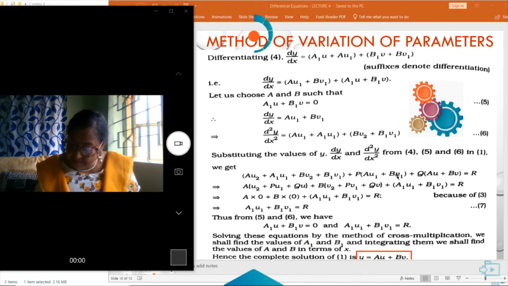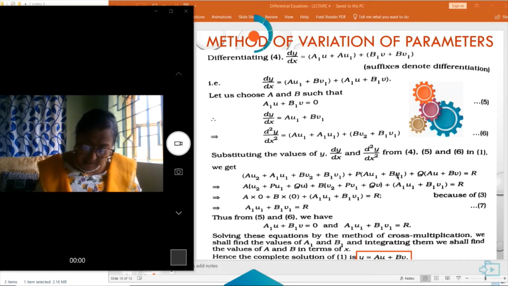Then calculating, we get a1u1 plus b1v1 is equal to r. From 5 and 6 we get a1u plus b1v equal to 0, and a1u1 plus b1v1 is equal to r. So combining these two we get the result, that is y equal to au plus bv.